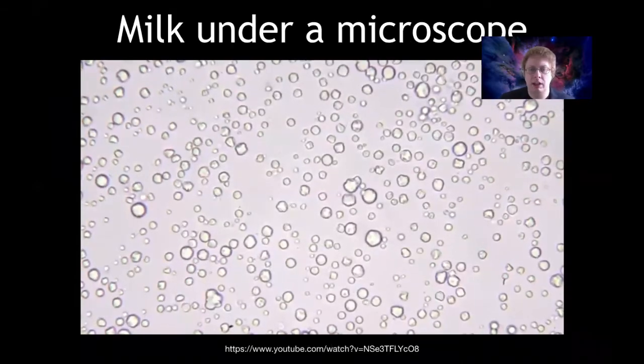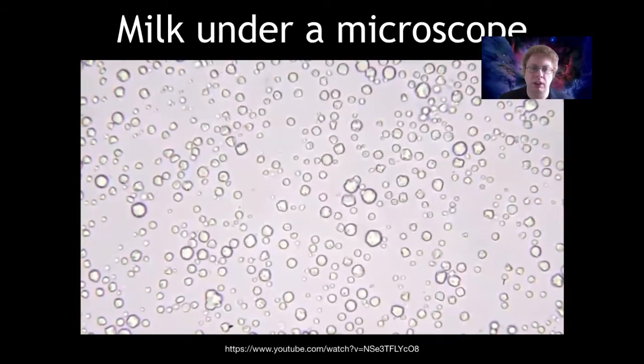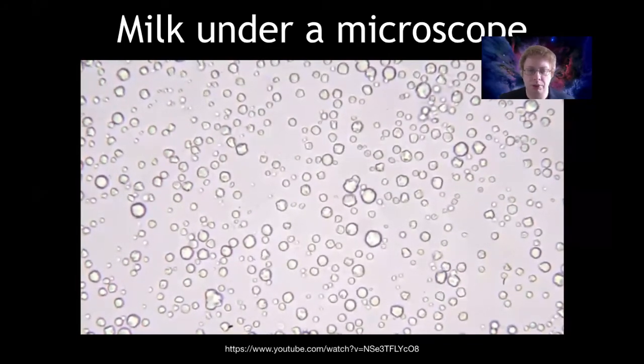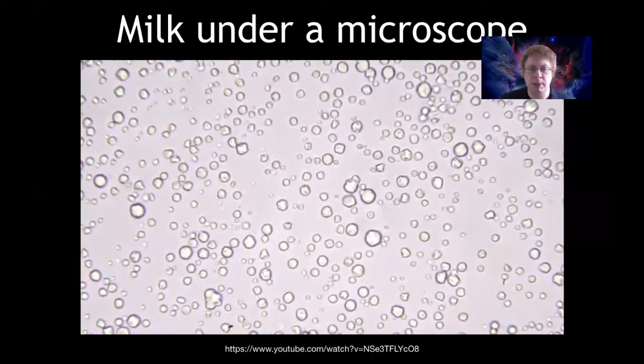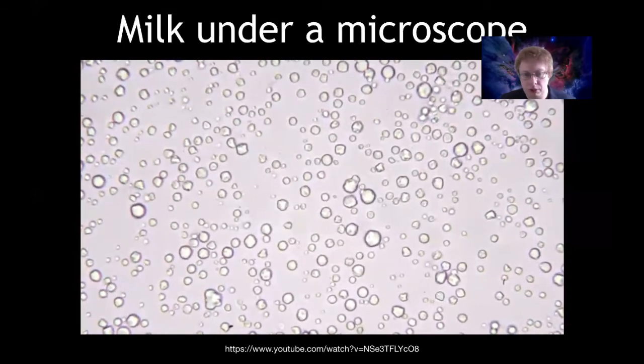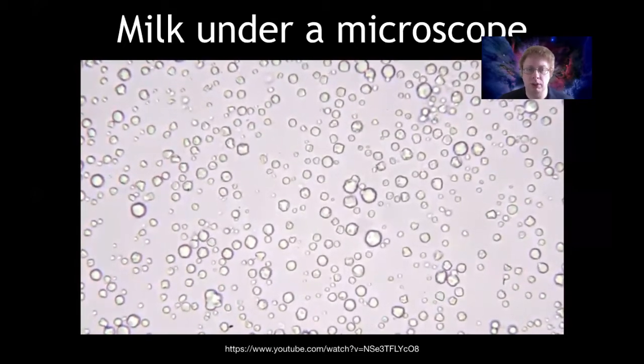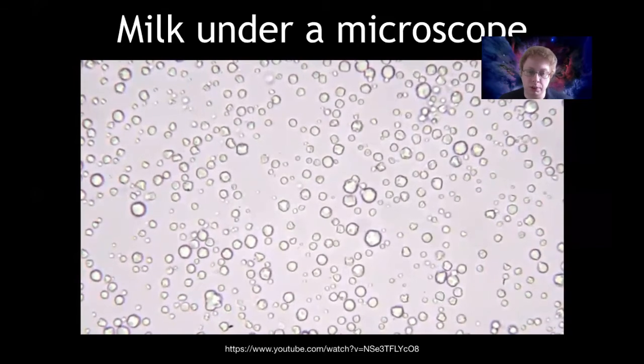To get at that, I want to first show you this video of milk underneath a microscope. Milk is made up of water mostly, but it also has a lot of fat globules. That's what gives it its flavor and its color.